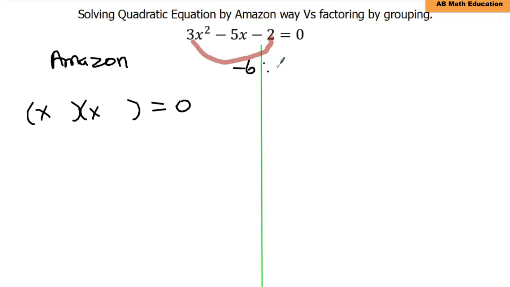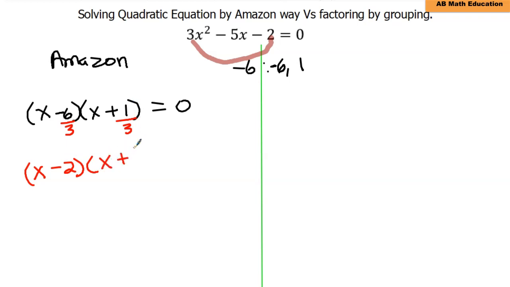So 6 and 1 we can manipulate, so this has to be negative, because -6 times 1 will give us -6, and -6 plus 1 will give us -5. So here we put the first number and then plus 1 here. Then we divide each number by the leading coefficient, which is 3, and then we simplify. When we simplify, it's going to be just -2, and the other is already in simplified form.